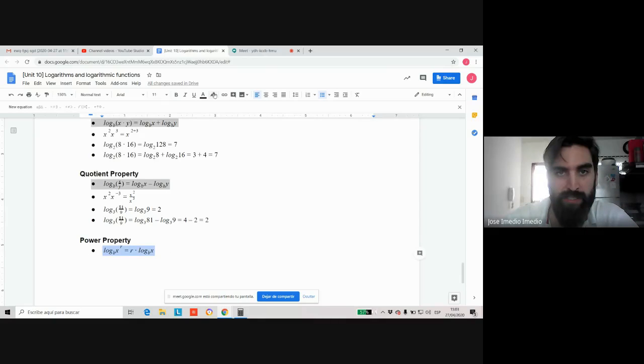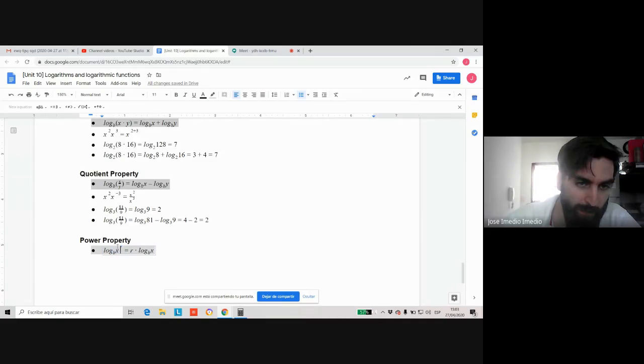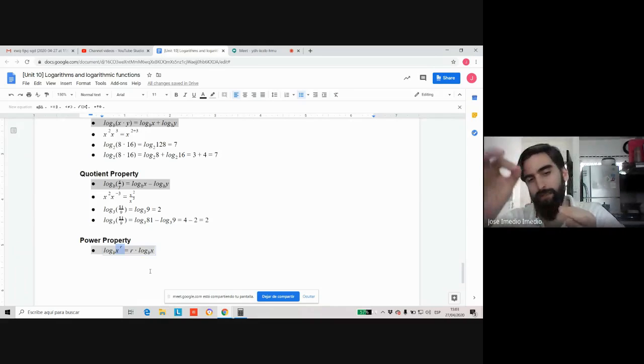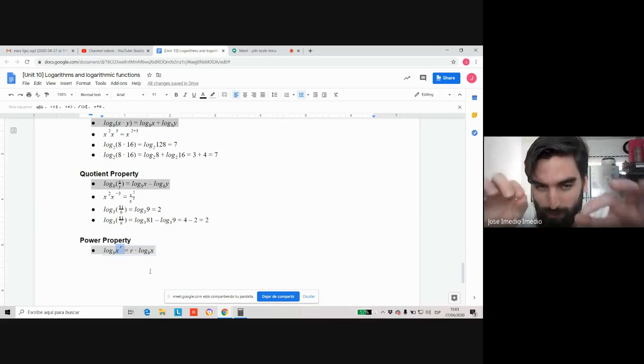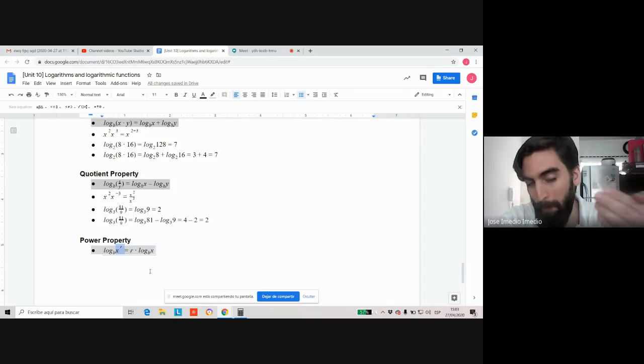Actually, the only thing that this property is saying is that if I have an exponent in this number, I can take that exponent out, and usually it makes my life easier. You will see that.